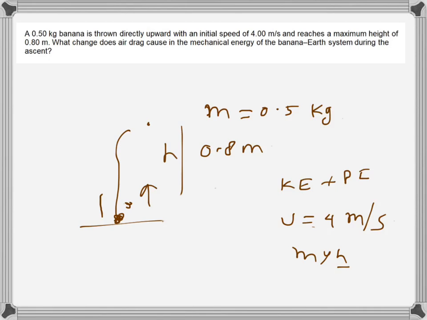So what would happen if there was no air drag? When it reaches that point, its velocity momentarily becomes 0, and then it starts coming down. So this way going up, this way coming down.